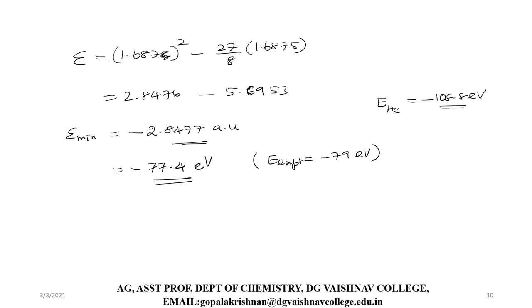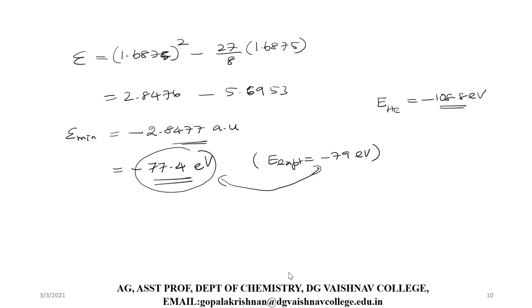So by incorporating the electron-electron interaction through the nuclear charge, we got a value which is almost close to the experimental value of the electronic energy of helium atom in the ground state. So this is the application of variation method to helium atom.